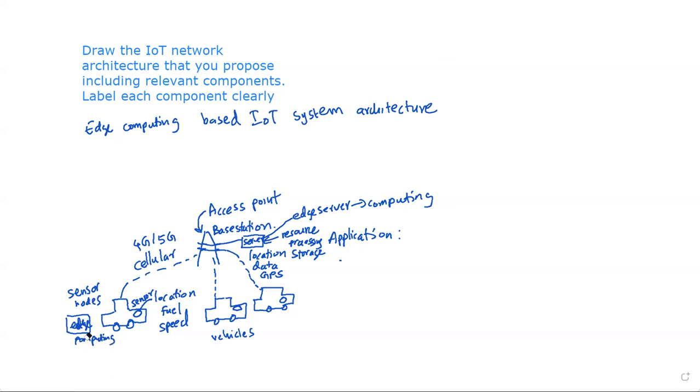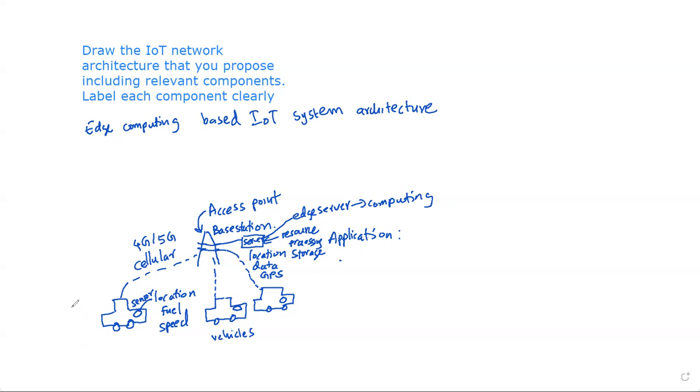As I said, we can do edge computing at the sensor node level as well. But in this architecture diagram, I will only draw the situation where we are doing the computing at the edge server near the access point, because I'm proposing this for the scenario where the PICME company is using that data.